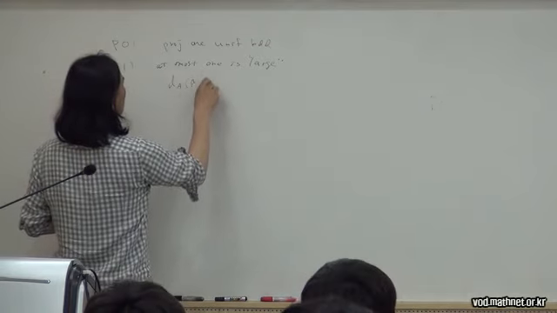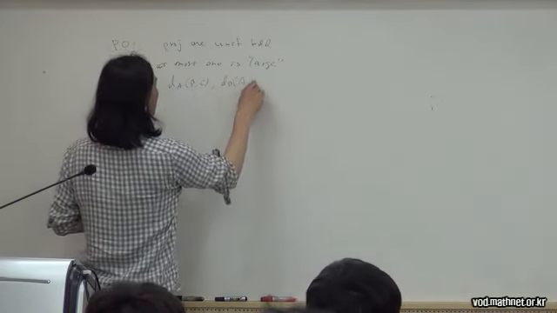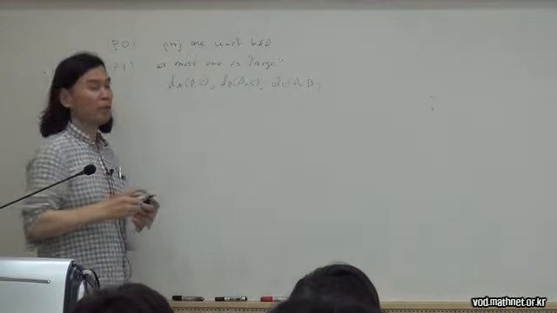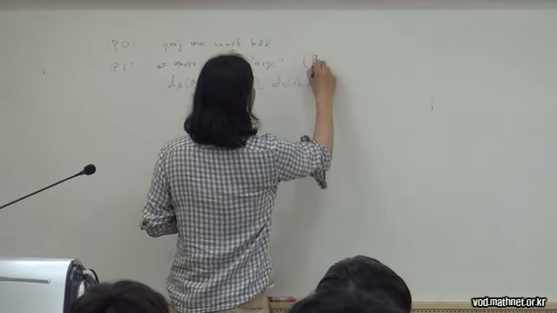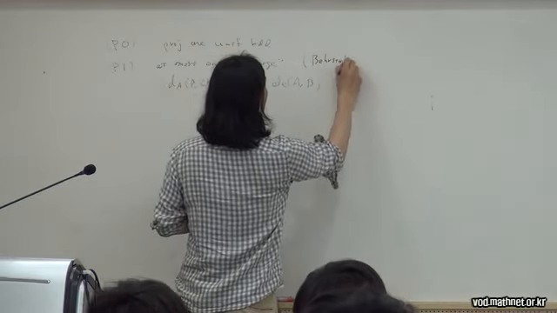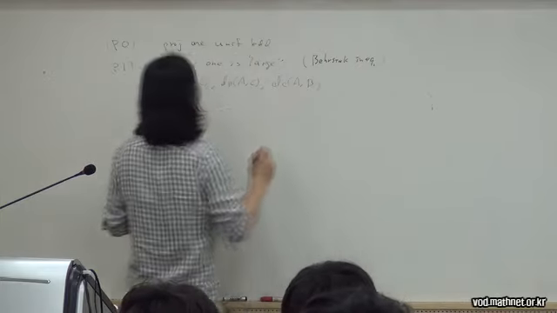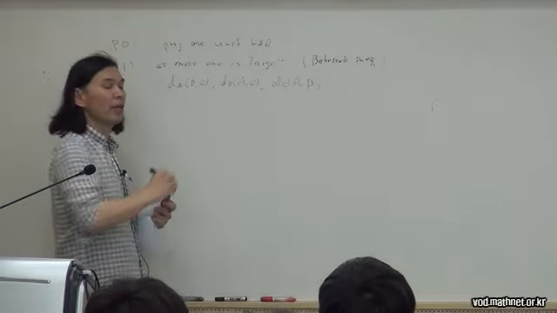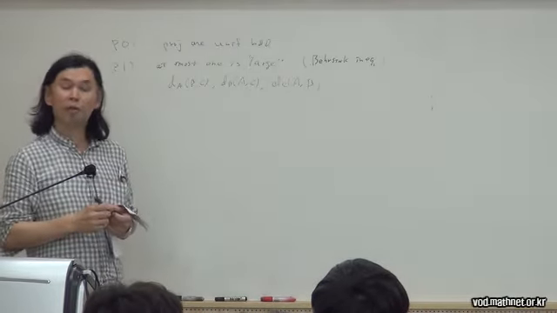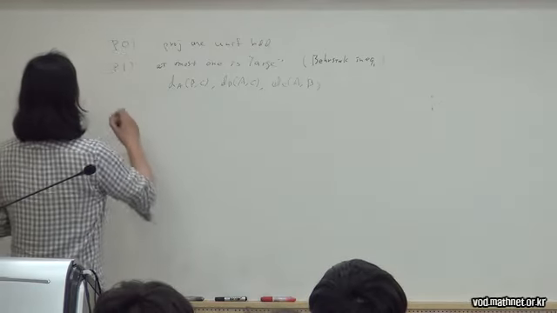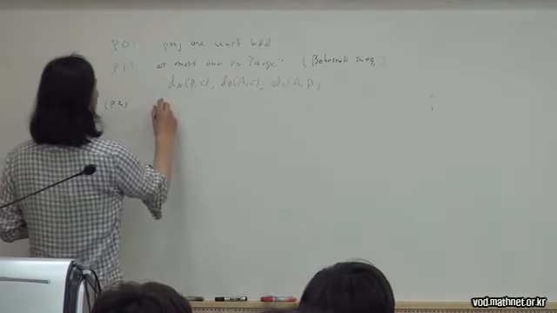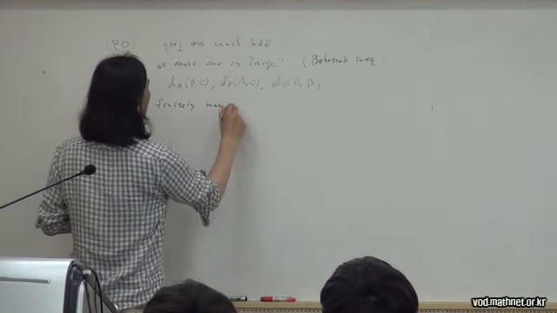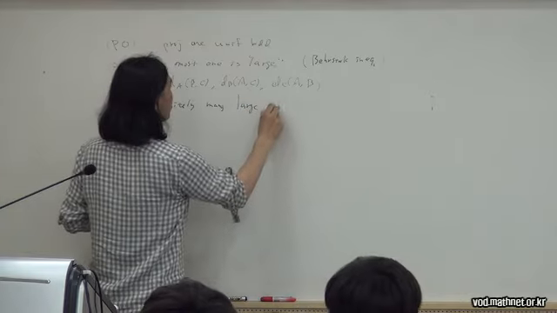This has a name. It's called the Behrstock inequality, due to Jason Behrstock, who noticed this kind of thing in the setting of mapping class groups or subsurfaces. And P2: finitely many large projections.